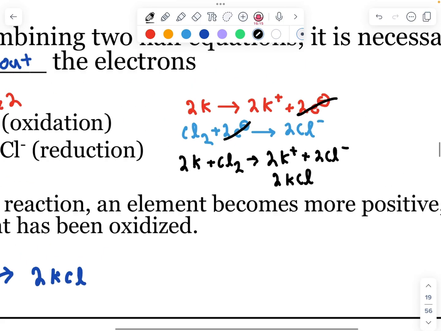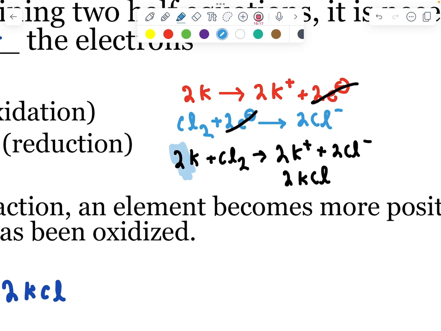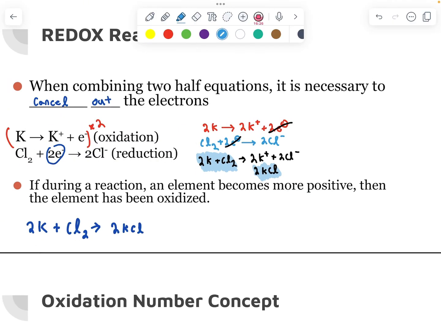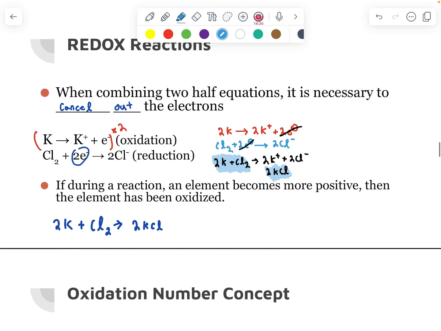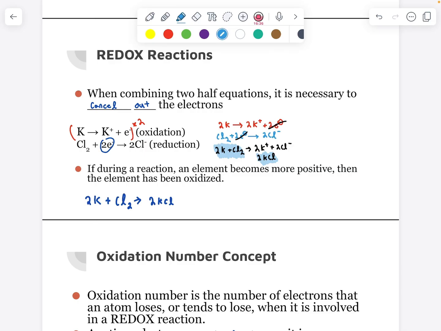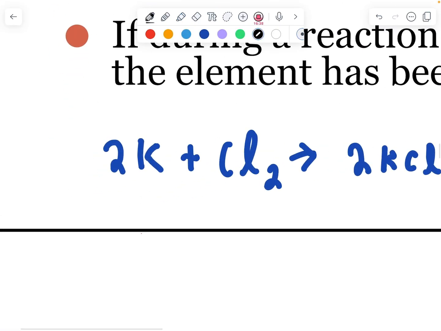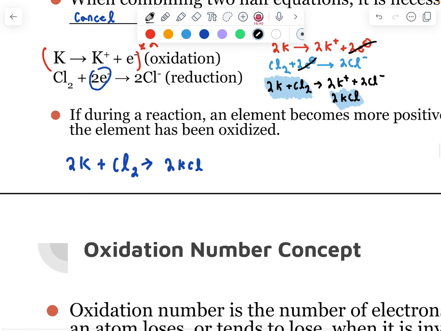So that's our full equation, and that's how we got to it by canceling out electrons. And we will do this a lot. We're going to multiply one of the equations by 2 or 3, or sometimes we'll multiply by the least common multiple. So one side will get multiplied by 2, some will get multiplied by 3, and we can see what gets oxidized and what gets reduced by using our oxidation numbers.